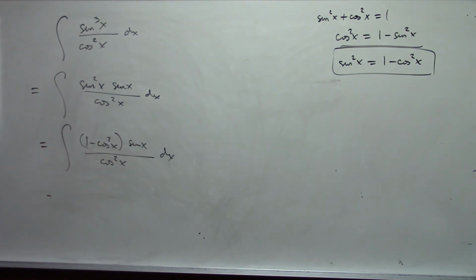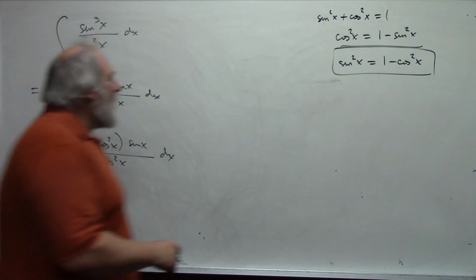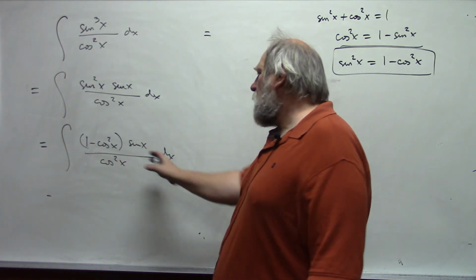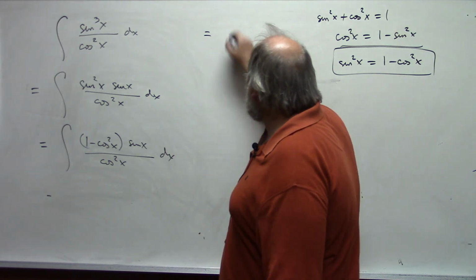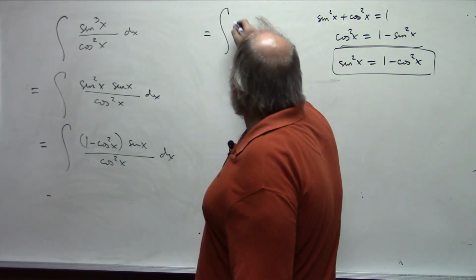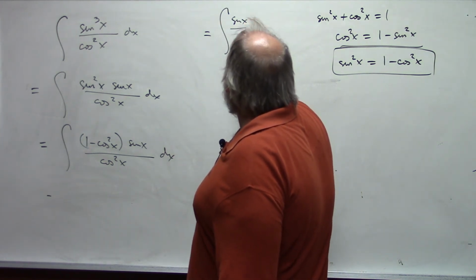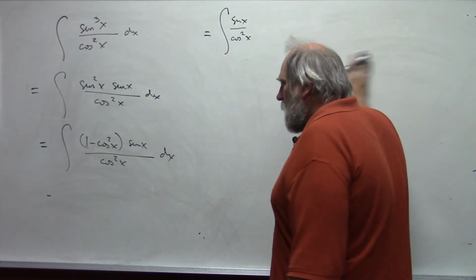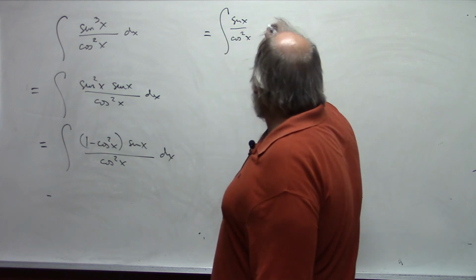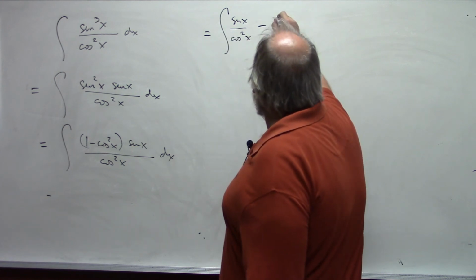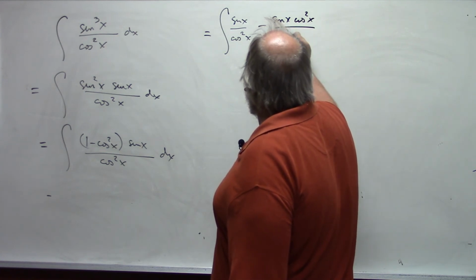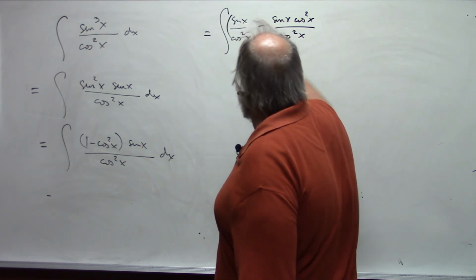Which then gives me, I can now distribute and break this apart. I get sine of x over cosine squared of x, minus sine of x cosine squared of x over cosine squared of x.